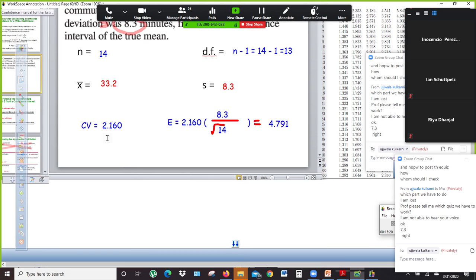And then remember, our interval is going to be x bar minus E, comma, x bar plus E in parentheses.